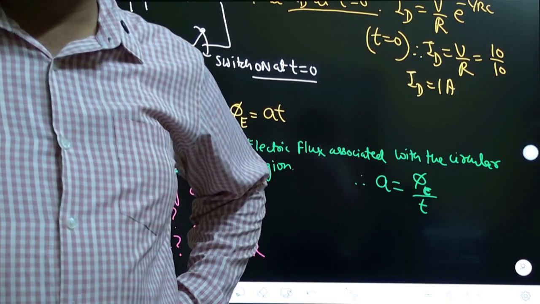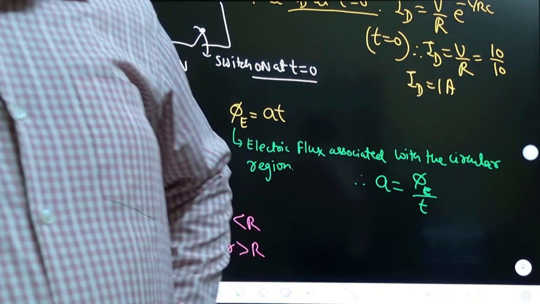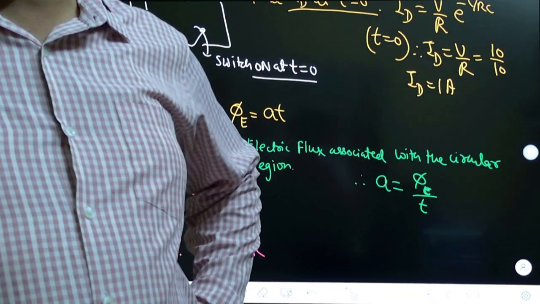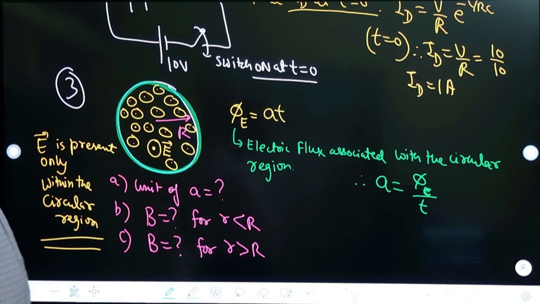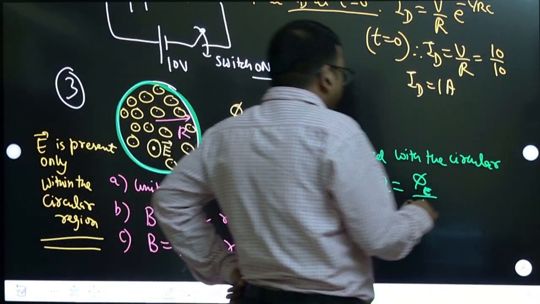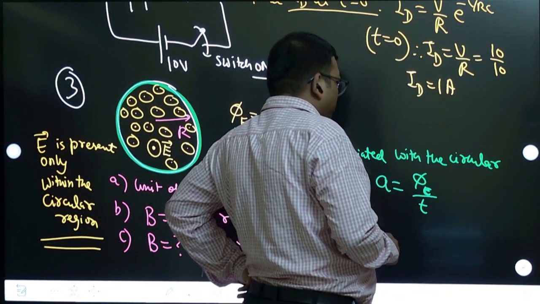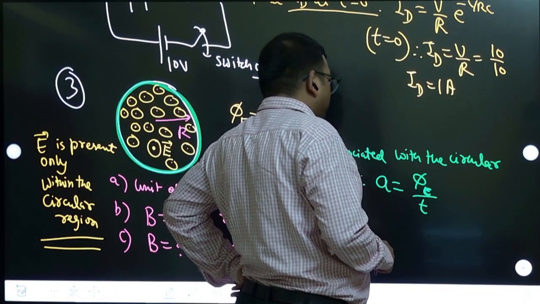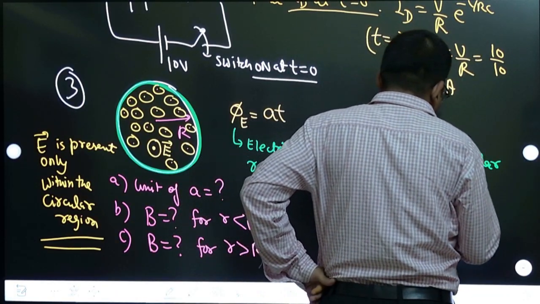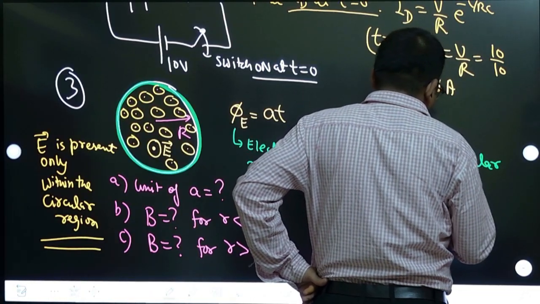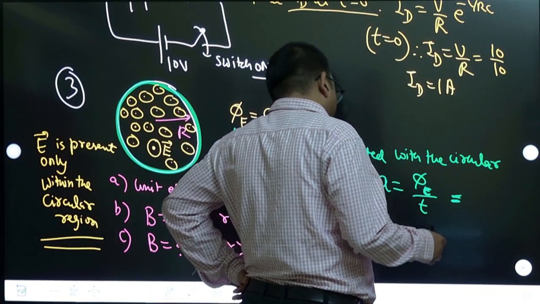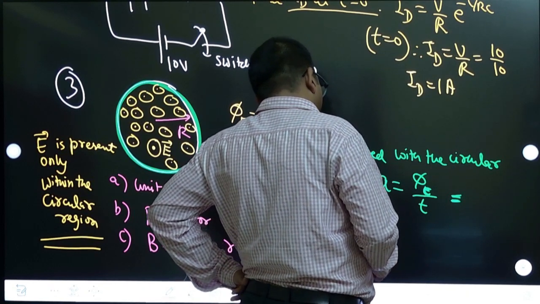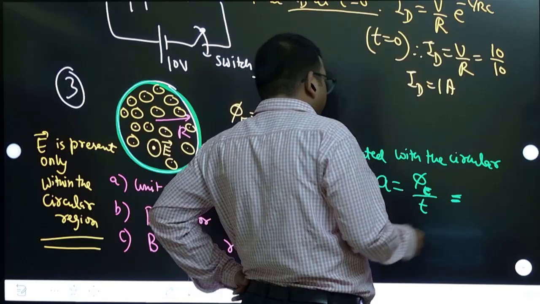If you don't know, then you have volt meter. Yes, volt into meter, that is potential difference into distance. Okay, let us check that.